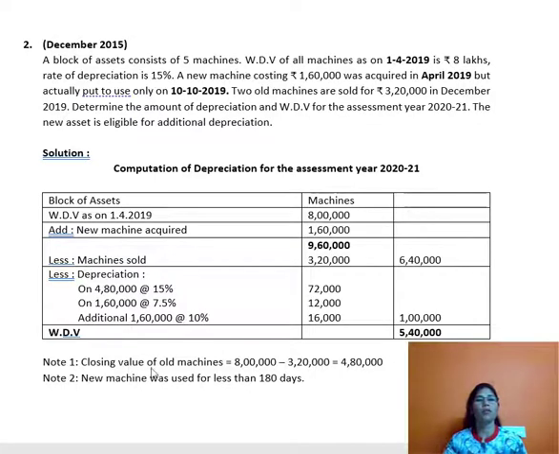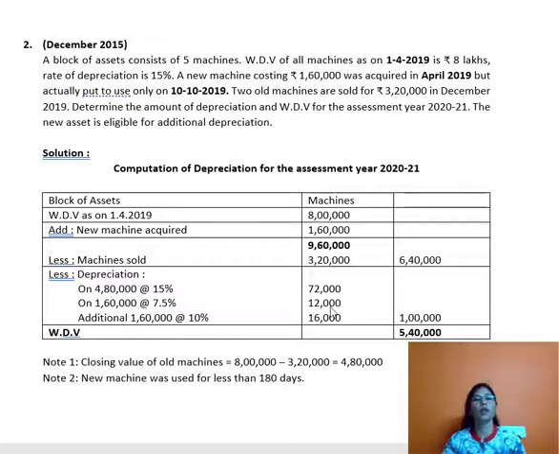The closing value of old machine is 4,80,000. On 4,80,000, we are charging at 15%. But on the new machine, though it is purchased in April 2019, but it is put to use on 10th October 2019. Therefore, we have to charge the half of the rate, that is, depreciation will be 7.5%.